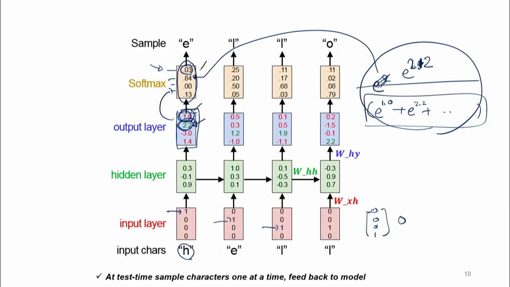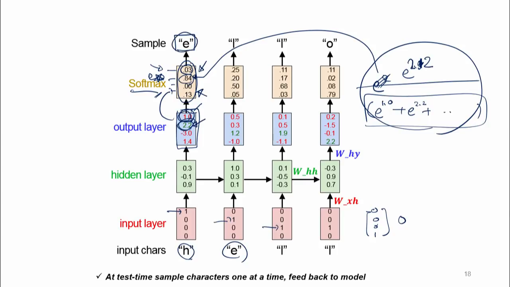And in this example, we basically pick the index that has the largest element value in our probability distribution vector, which was generated by this softmax function. And then we would pick this E because that is the corresponding character in our dictionary, and thus this one will be our output.